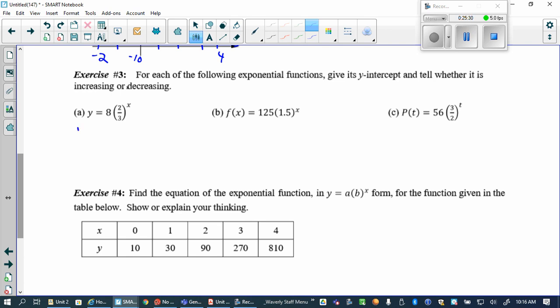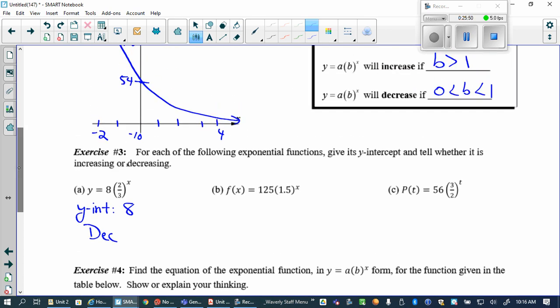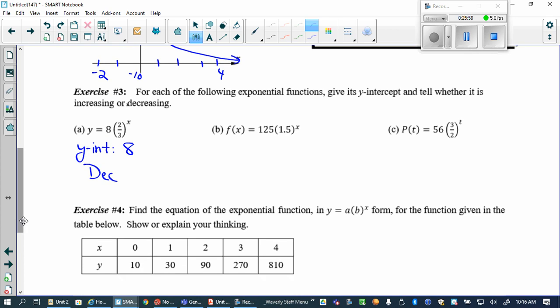What is the y-intercept of this equation? 8, right? And is it increasing or decreasing? Decreasing, because 2/3 is between 0 and 1. That's why. So it's decreasing.